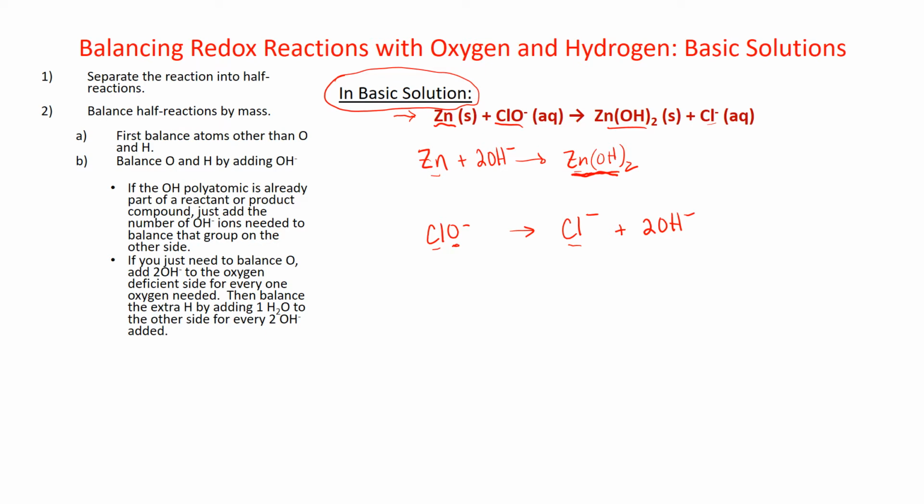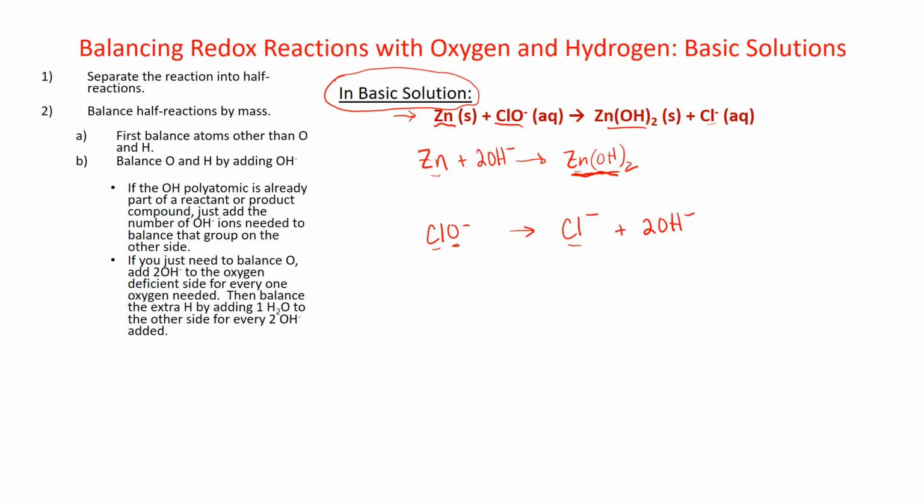And I can't add hydrogen ions this time. This is not an acidic solution, and we don't have free-floating hydrogen to any large degree to actually help us balance that hydrogen. The only other compound that I have in that particular environment that contains hydrogen is H2O.